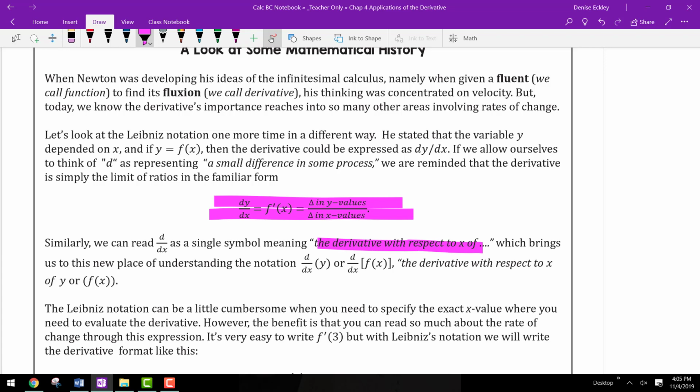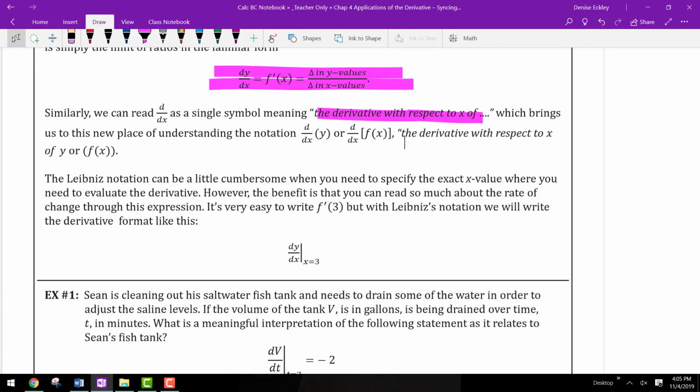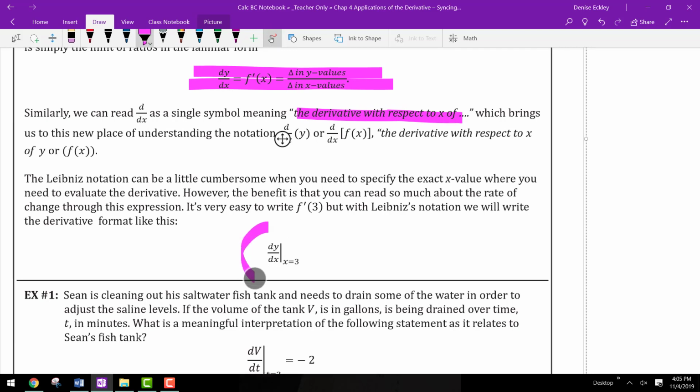As we know, writing dy/dx can be a little cumbersome. It's easy to write something like f prime of 3, but with the Leibniz notation we're able to talk about exactly what something like dy/dx at x equals 3 means.